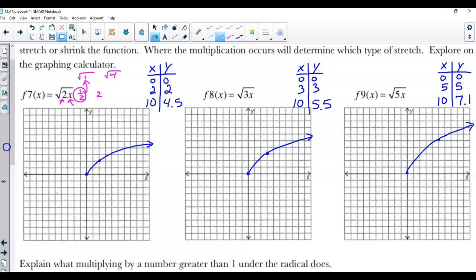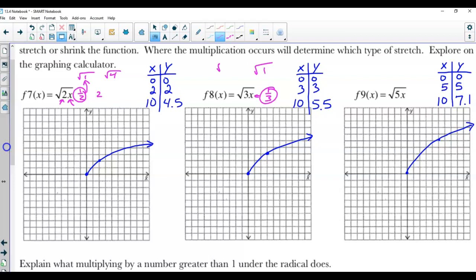And what that's doing is making that square root shrink, because to get to that square root of 1, I'm putting a number smaller than 1 in to get that 1 out. Same thing over here. To get that over 1, up 1, I would have to put a third in there. I'm putting a smaller number in there to get that square root of 1 out.